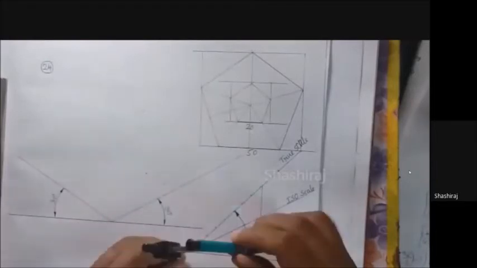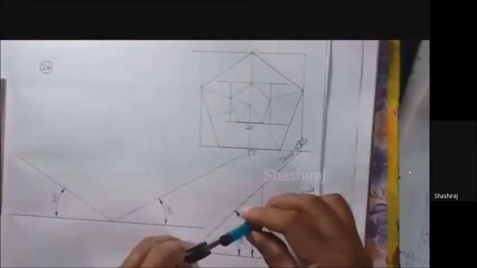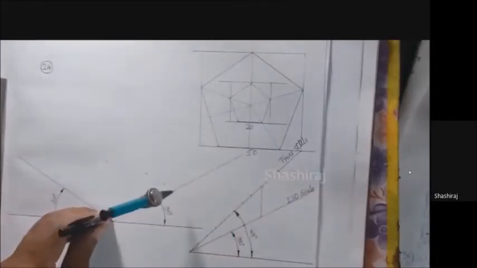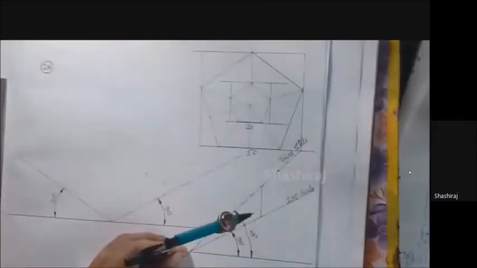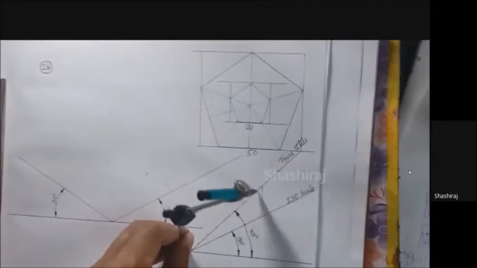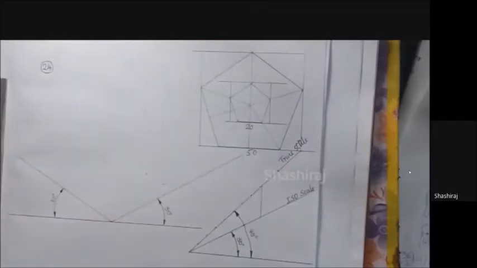So draw that ISO length on this axis. So I have marked ISO of this, and this side, this much length, take it to true scale and draw a vertical line there.